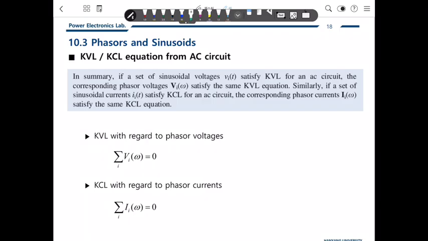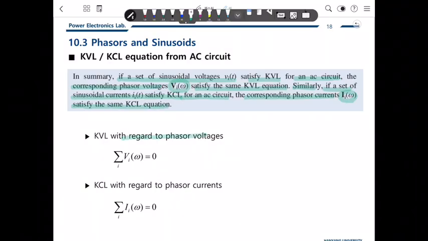So in summary, if a set of sinusoidal voltages vi satisfy KVL for some AC circuit, the corresponding phasor voltages Vi satisfy the same KVL equations. Similarly, a set of sinusoidal currents satisfying KCL for an AC circuit have corresponding phasor currents satisfying the same KCL equations.